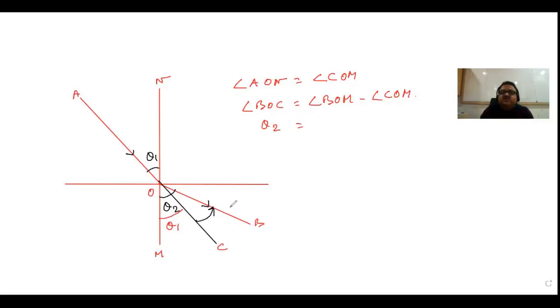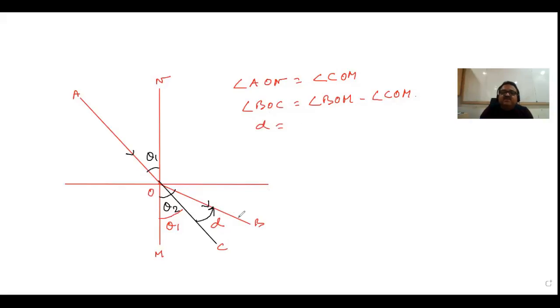Sorry, I made a mistake. Angle BOC is the deviation, denoted by D. So this is D.